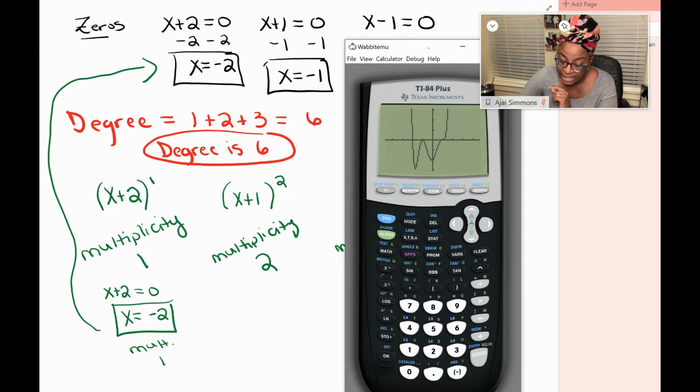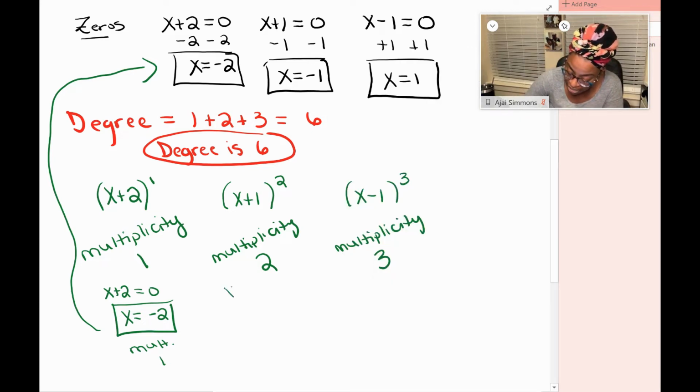Let's say on the second one we had x plus 1 squared. So we said the multiplicity was 2. And remember, if you go back up to where we found the zeros, if you take x plus 1 and set it equal to 0 and solve for x, we get x is equal to negative 1.